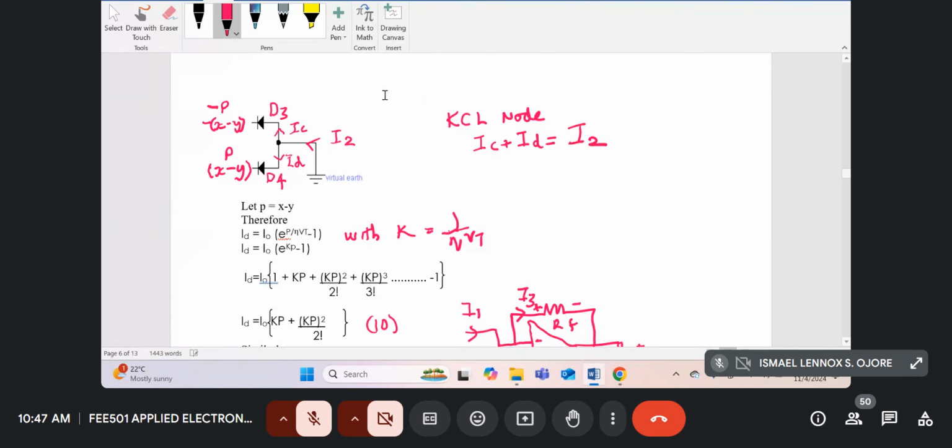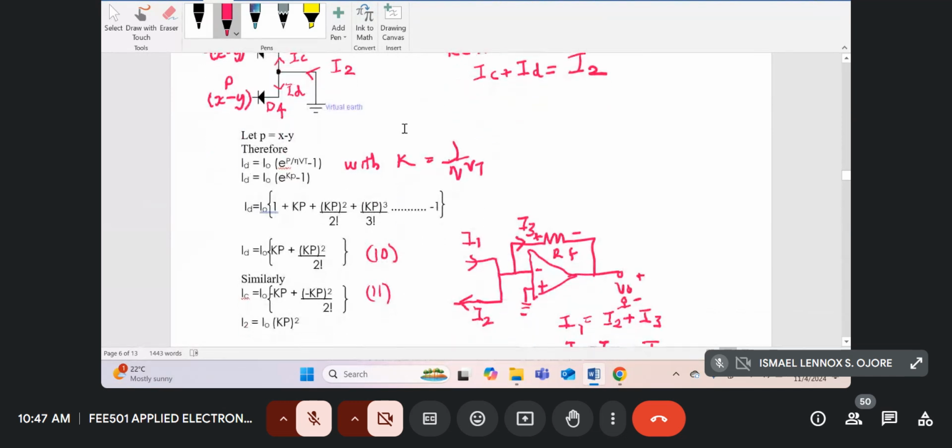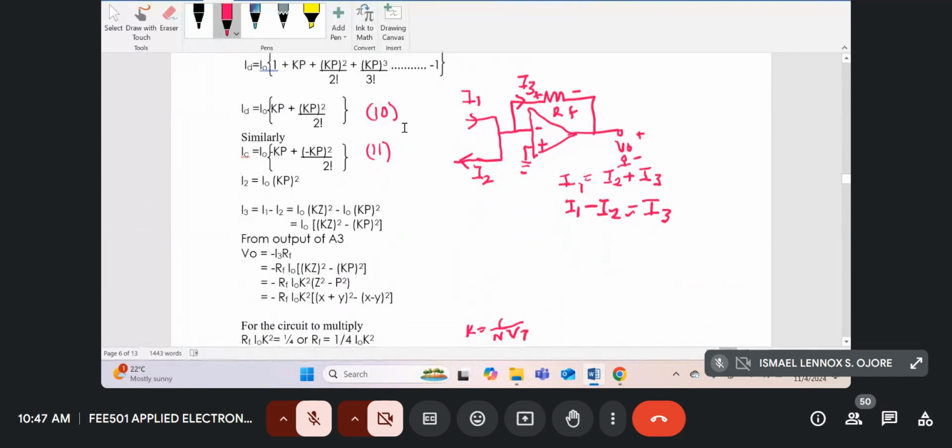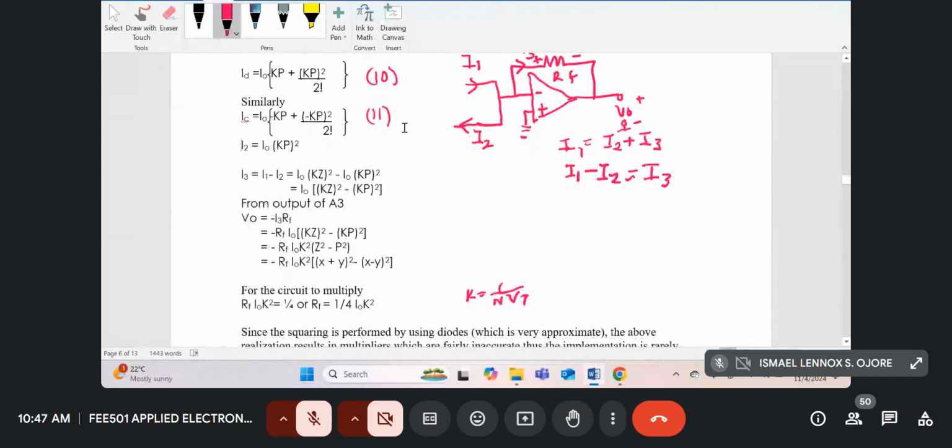I2. I think what I deleted was I was supposed to have written I2 is equal to IC plus ID. That's what I deleted, I think.